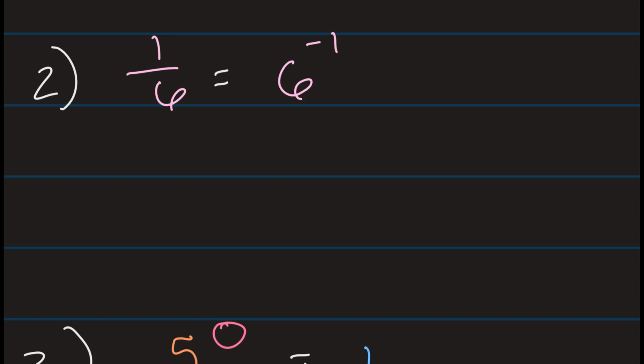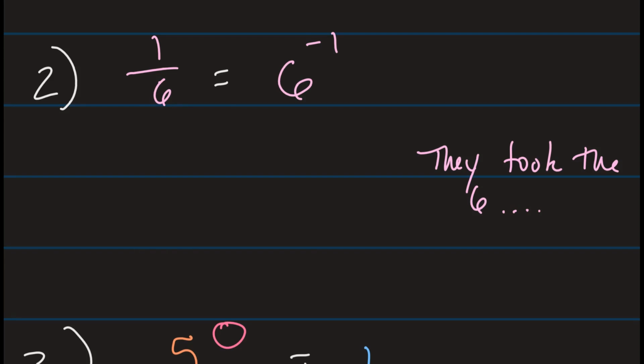So here, that's just what they did. They took the 6 and put it in the denominator, and the exponent was -1. It now turns into a +1. But anything raised to the power of 1 is just itself, so that just becomes 6.